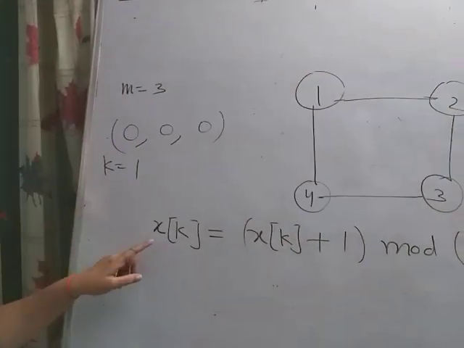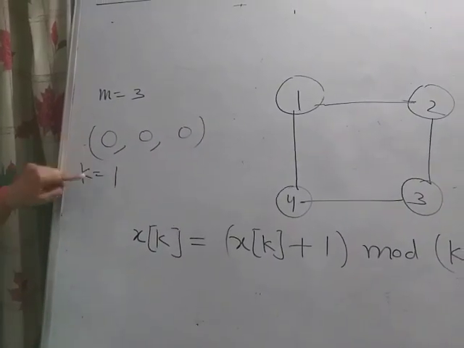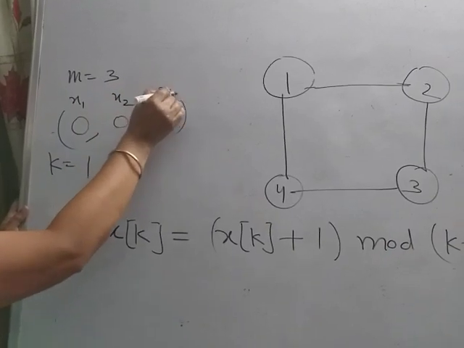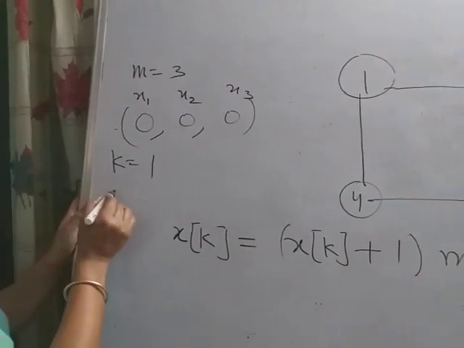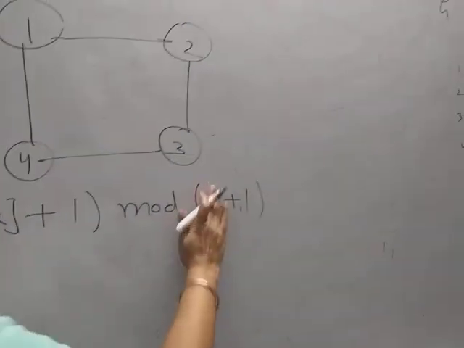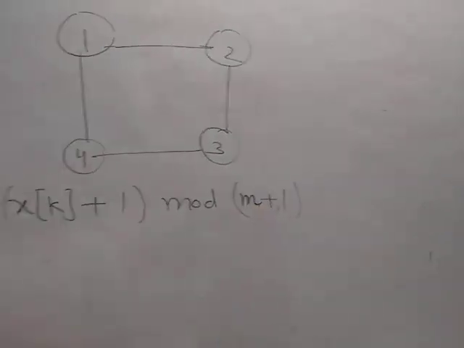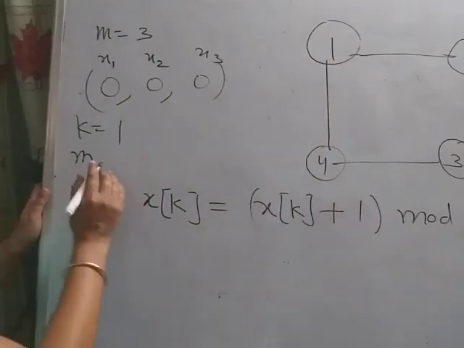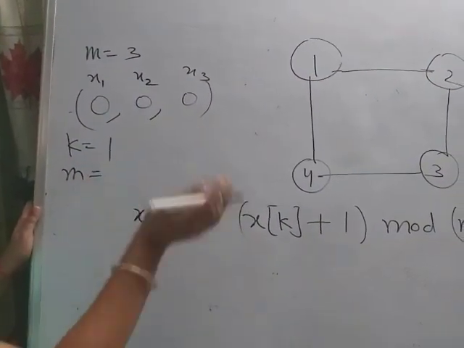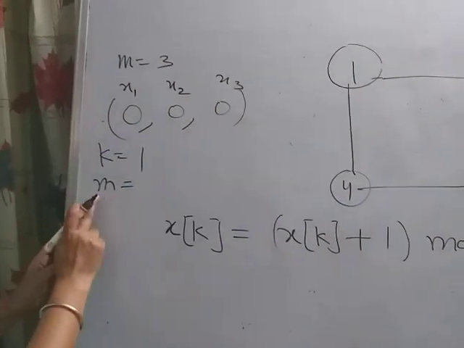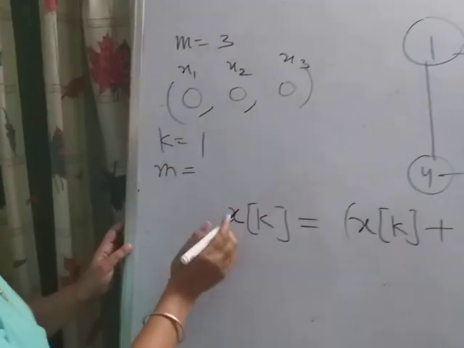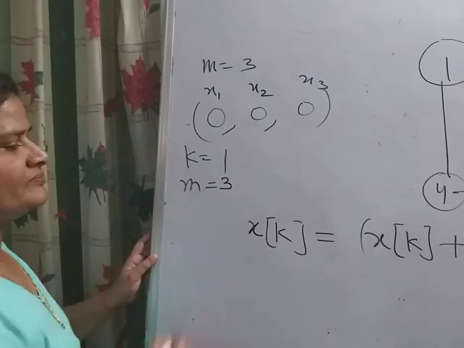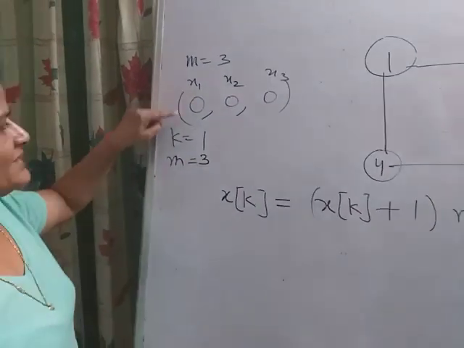So here k is 1, x1. This is x1, this is x2, this is x3, and in this case it is (k + 1) mod (m + 1). See what values will be generated by this expression, which we use in the bounding function for generating the colors. M is 3, k is 1.